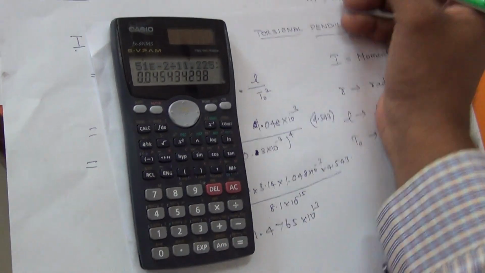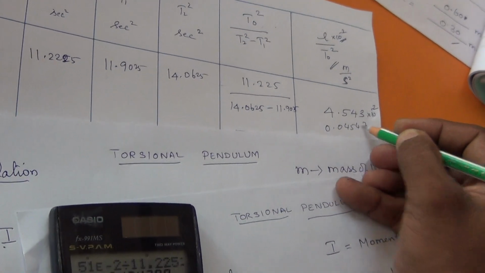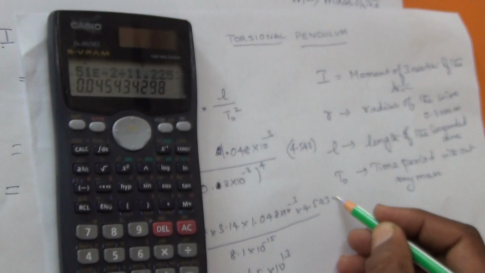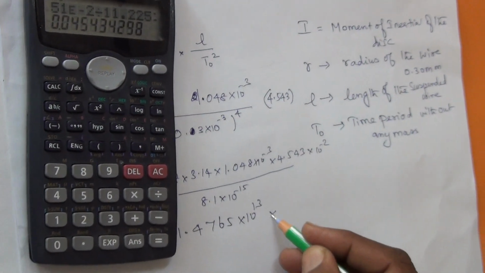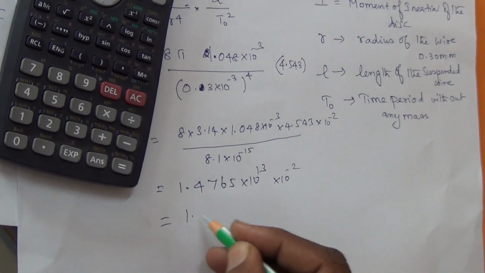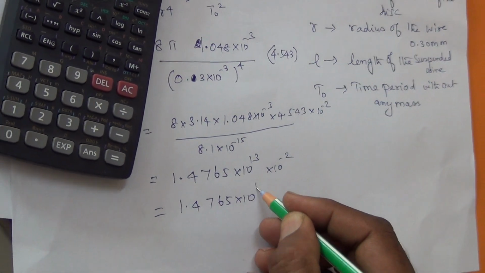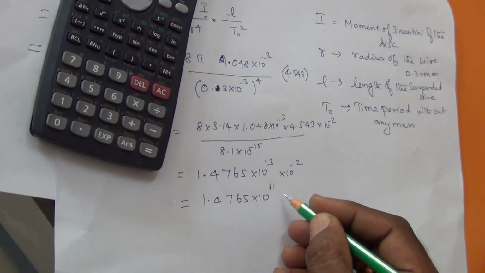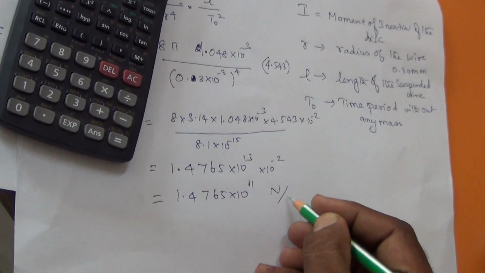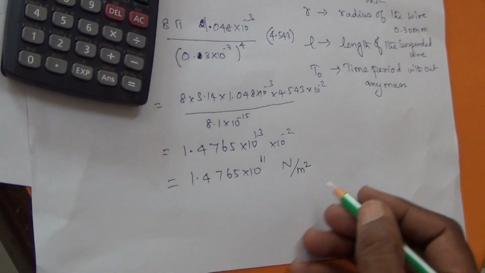This is 0.0454 like that also. So if you put this minus 2, the value will become 1.4765 into 10 power minus 11 plus 11. The unit is Newton per meter square, that is the rigidity modulus unit.